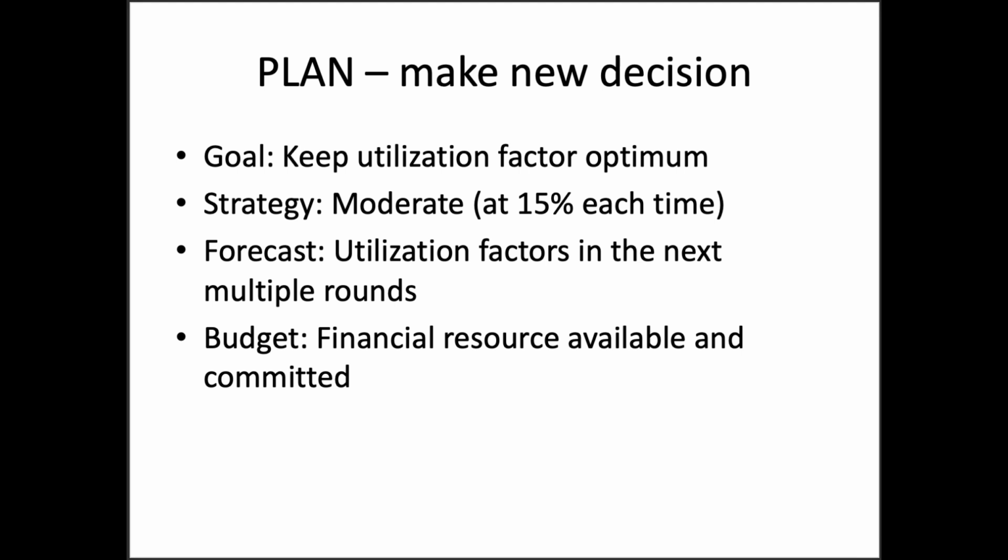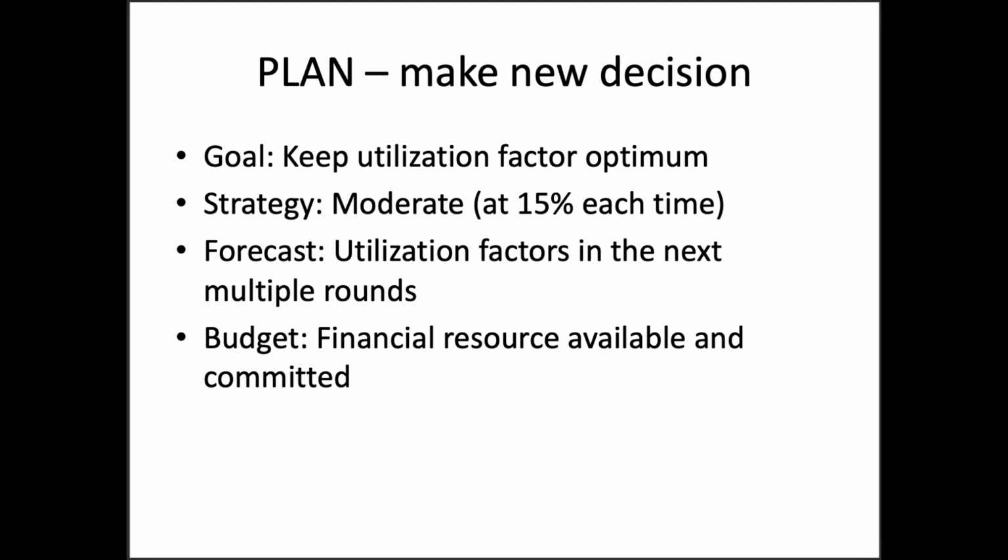The strategy is to increase capacity moderately by investing over multiple rounds to bring capacity up 15%, then stop. The forecast is the optimum you expect to achieve in the next multiple rounds. The budget is the financial resource needed, and you should make sure it is available.